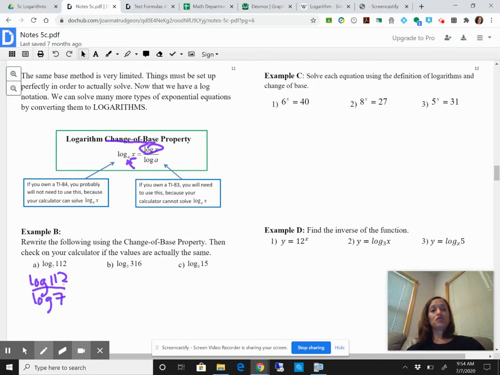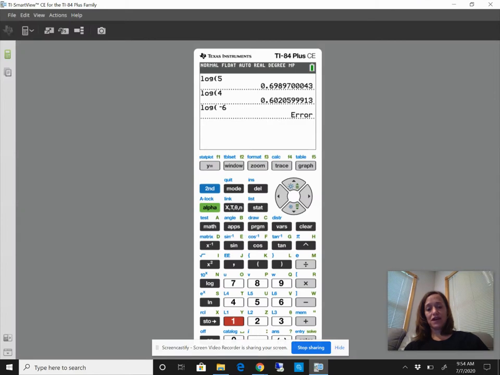Now these are two base 10 logs. On my calculator, I can type in, using my base 10 button, log 112, end parenthesis, you got to make sure you close it up, divided by log 7. You don't have to close that one because you're done typing. And you get 2.42. Let's round it.